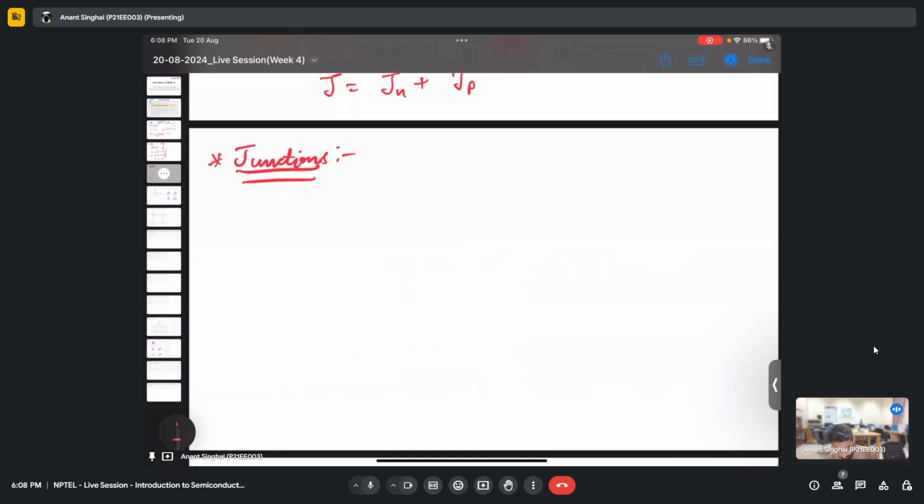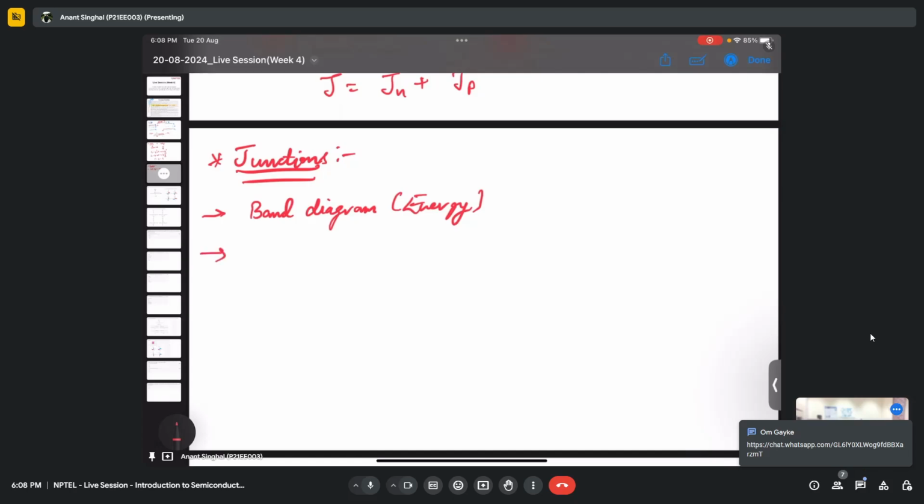The key points that we will be covering in the junctions are, first of all, we need to draw the band diagram. We need to understand how this band diagram is drawn. Band diagram, I hope you are already aware, is the energy band diagram that I'm talking about.